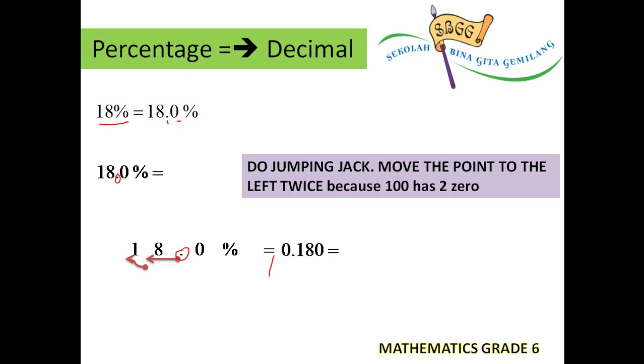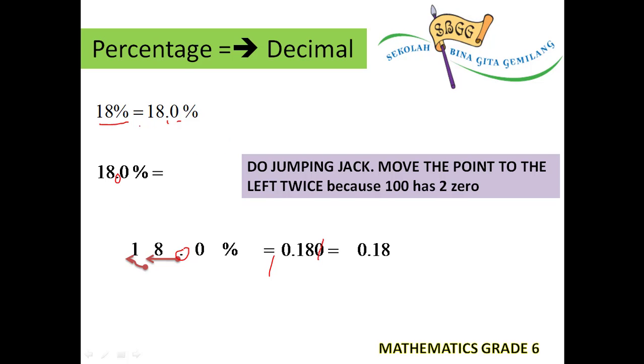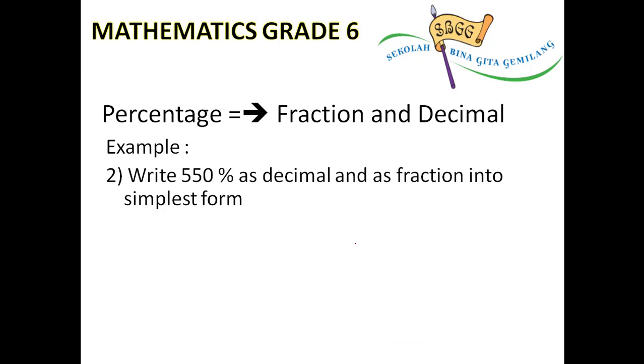As I told you when you studied decimals, if there is a zero at the end of the number, it doesn't have value. So you need to cross it out. So the answer will be 0.18. It means that 18% is equal to 0.18.